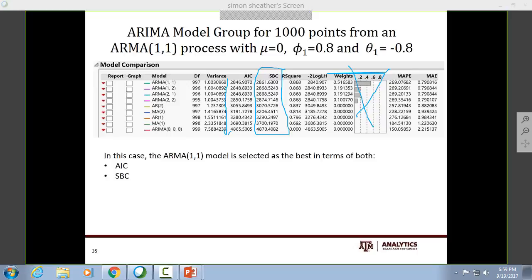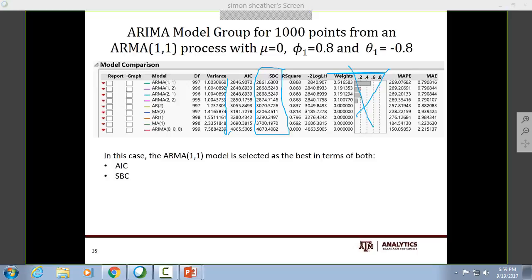You get too many AR terms and too many MA terms that are not significant. If you want to explain the model, you've got no chance at all. But here, because it's small, we chose only to go up to order 2 on both.